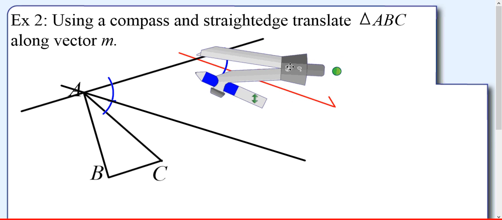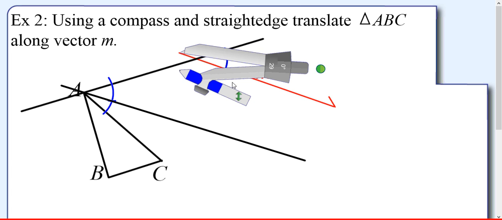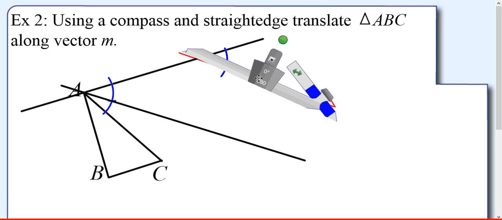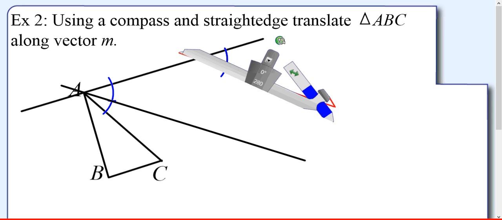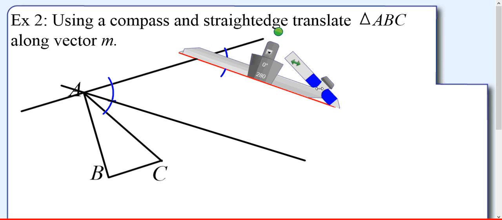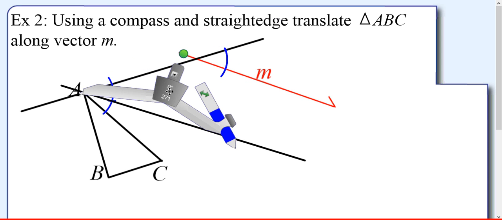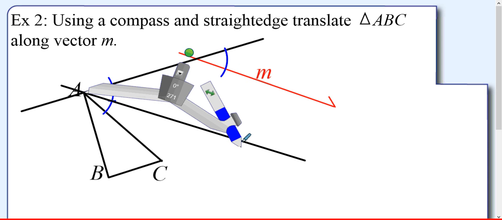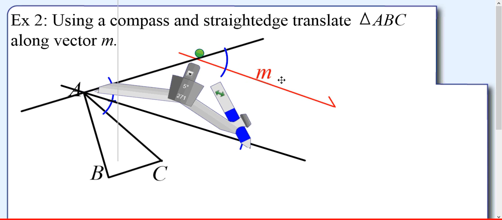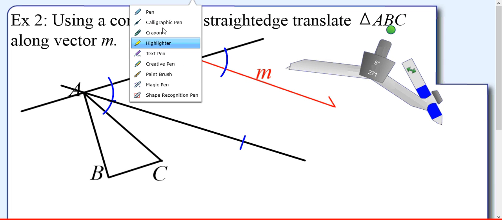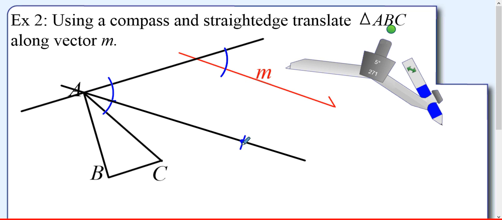We just need the distance that it moves. So all you need to do is measure how far that vector is. The vector is that long. On the line we just copied, that's how far we're going to move it. So A moves right here to A prime.